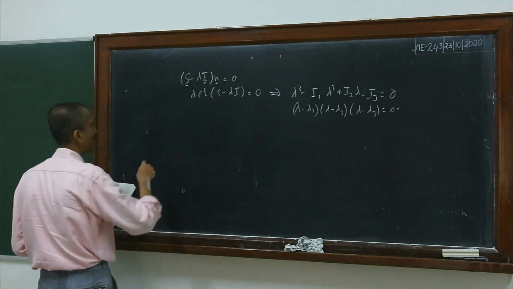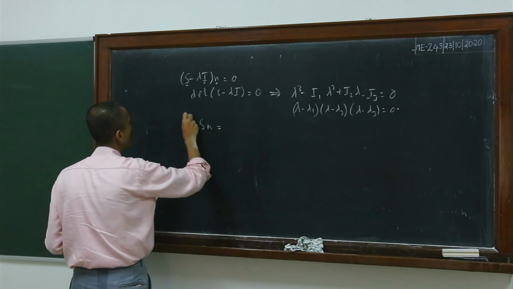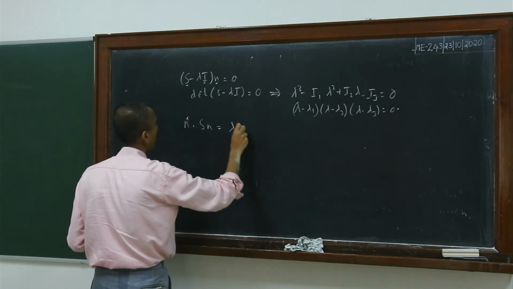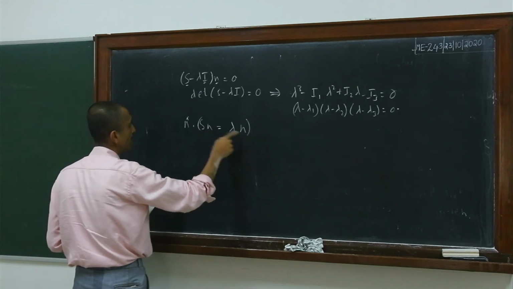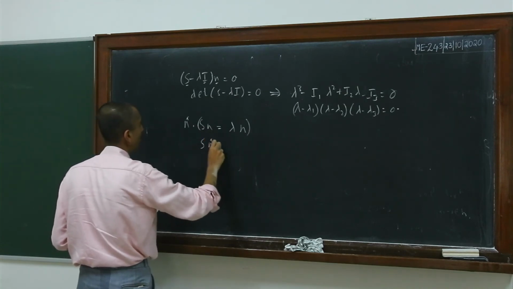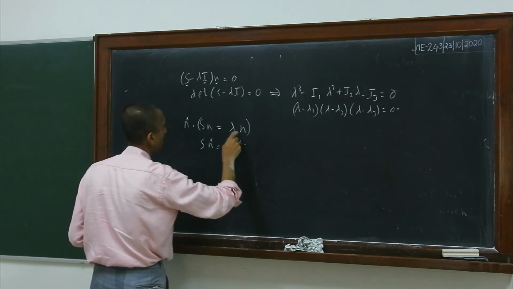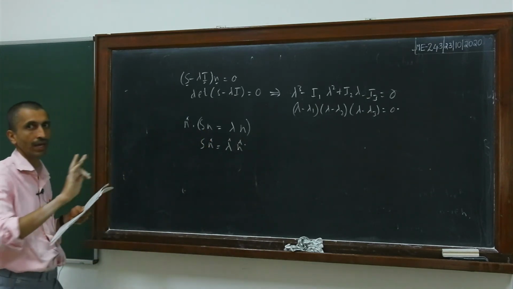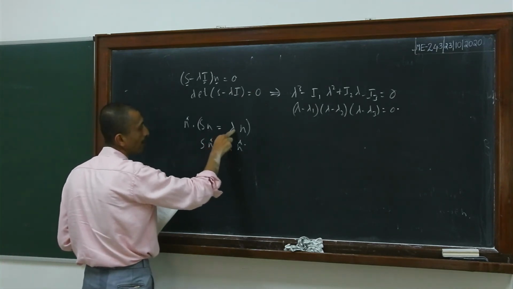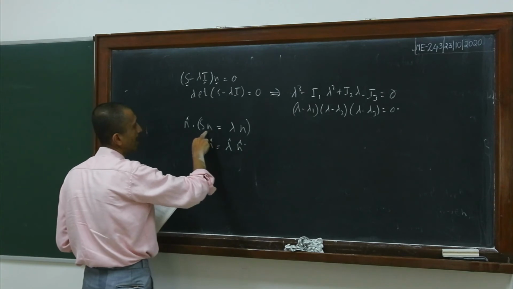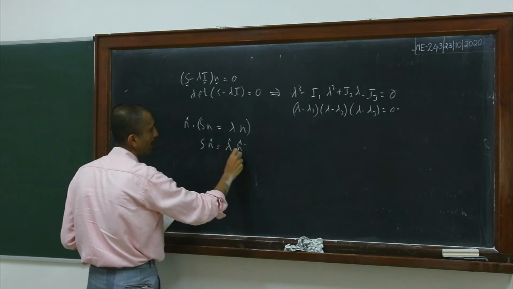Let us write Sn equal to lambda n. Similarly, S n-hat equals lambda-hat n-hat. First assume that they are complex valued, so the hat denotes the complex conjugate. If Sn is equal to lambda n, then S n-hat will be equal to lambda-hat n-hat.